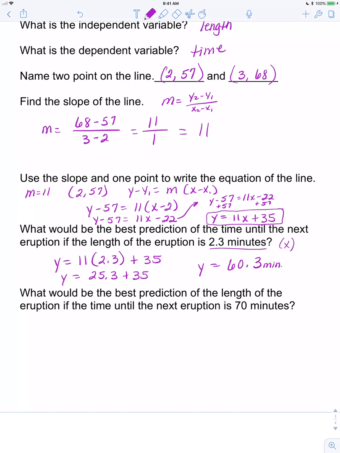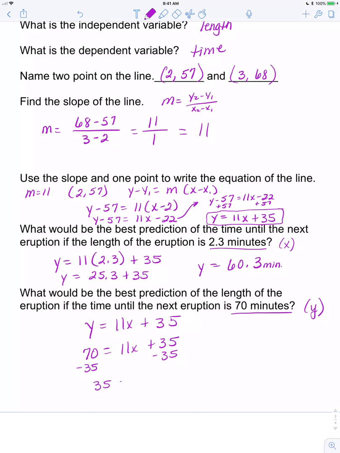So what would be the best prediction of the length of the eruption if the time until the next eruption is 70 minutes? Well, this 70 minutes, remember, that's our y variable. So we're going to say, here's our equation, y is equal to 11x plus 35. Well, that's our y, so 70 is now 11x plus 35. And we will solve for the x in this, the way this one's asked.